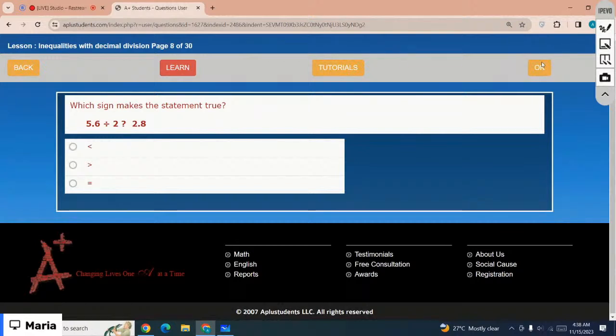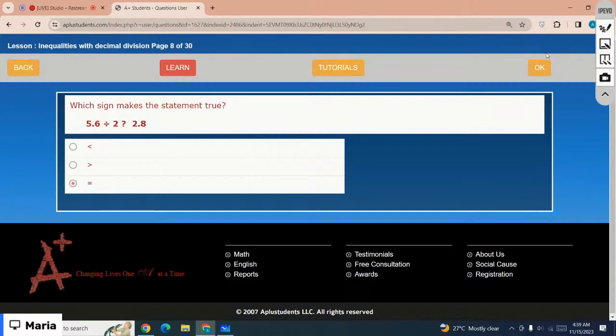Okay, the next one is 5.6 divided by 2, and you have to compare it to 2.8. Which option is the correct one? 5.6 divided by 2 is also 2.8, right? So they both are exactly equal.